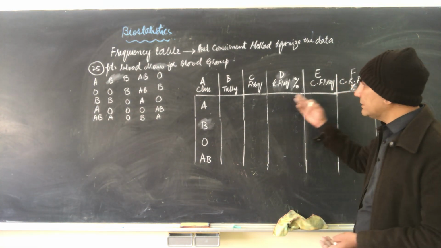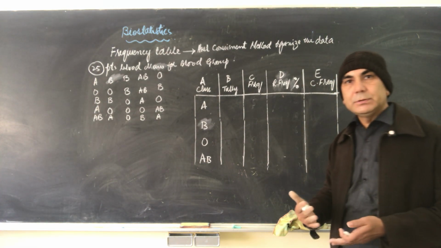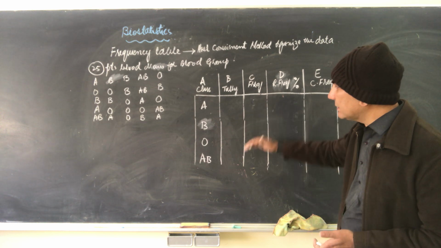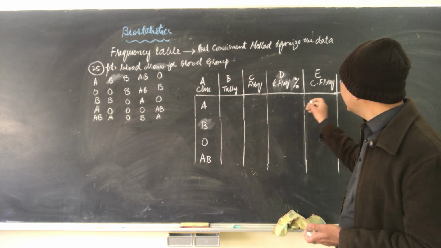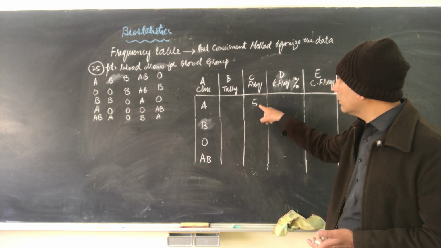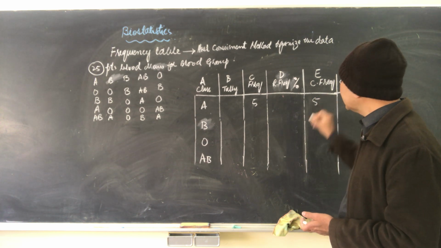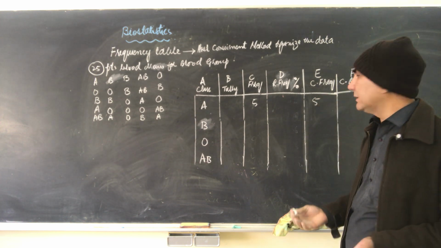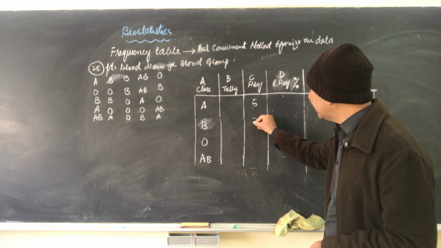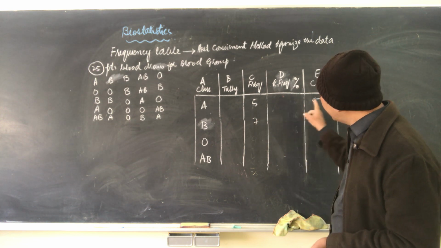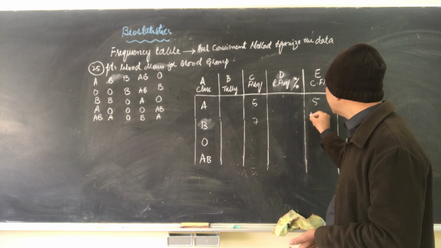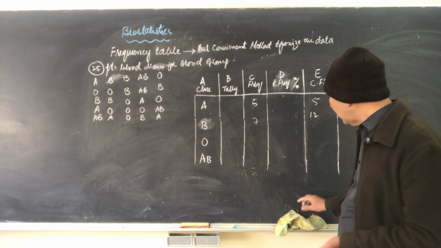In the cumulative frequency, we add up the first frequency with the second frequency. Suppose the frequency of blood group A is 5, we first write 5 as the cumulative frequency. And if the second one is 7, then we add 5 with 7, and it becomes 12.